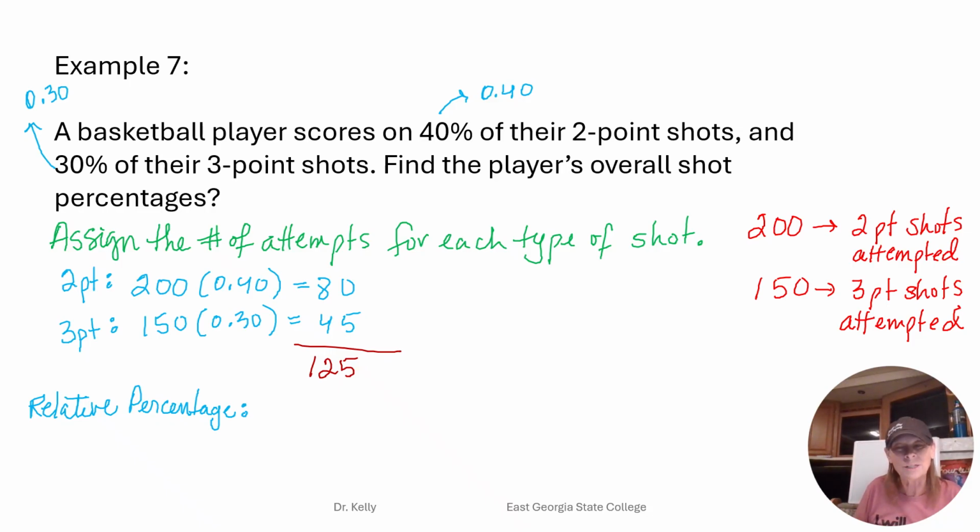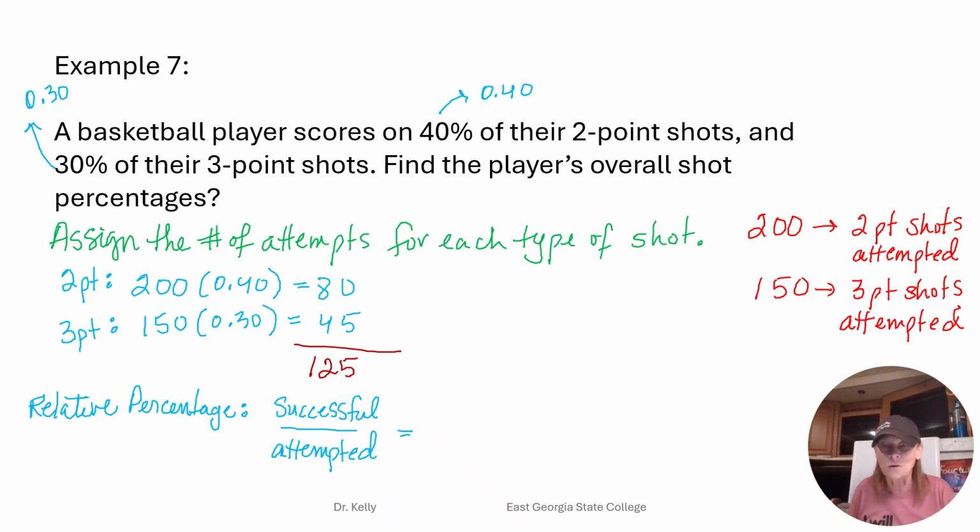Don't you hate it when your brain just stops? We're going to do the, let me put it over attempted. Do the made shots. My brain is not working here. The successful shots. It kind of kicked in finally.